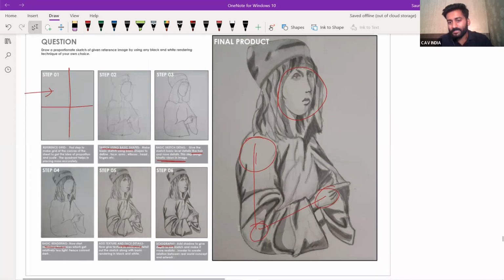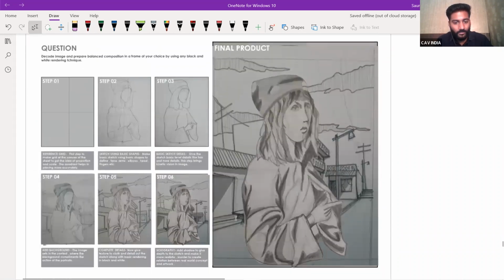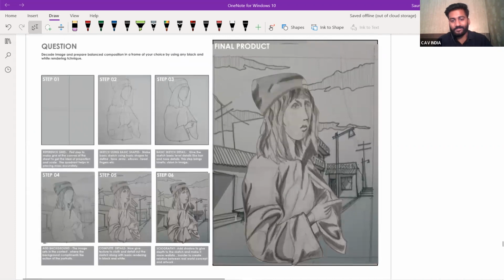Second part, in which there was a requirement of putting it in some composition. So you can just feel like some kind of locality is there, and in that locality the person is there, like it's a close-up image. And again, you can add on all these details. Also, for adding on these details, try to take care of the perspectives. The sequence will go the same.